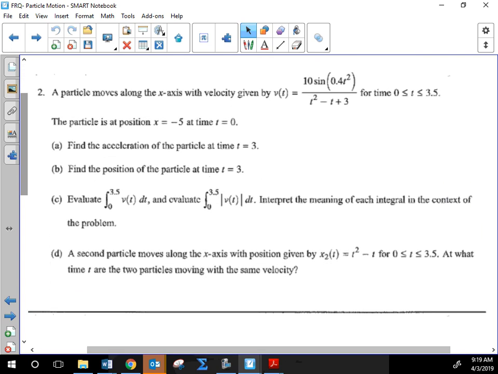So again, if it's a 1 or a 2, then that means that it's a calculator question, because the first 2 are calculator questions. This question uses a calculator.